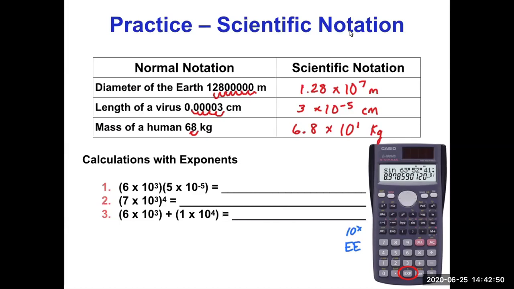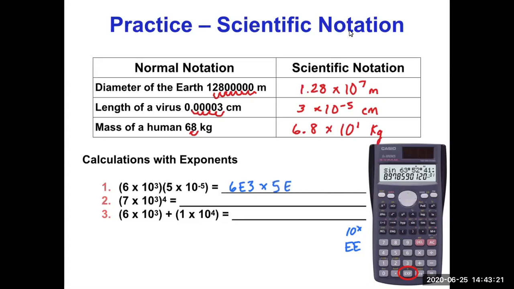Okay. All right, so if we were to calculate number 1 using this calculator, what it would look like when I'm plugging it in, it would look like 6E is what will show up on your calculator screen, right? 6E to the third power, times 5E.